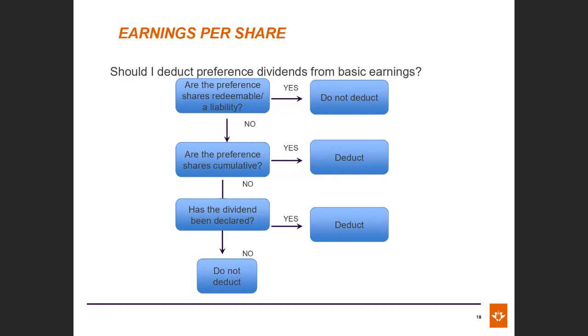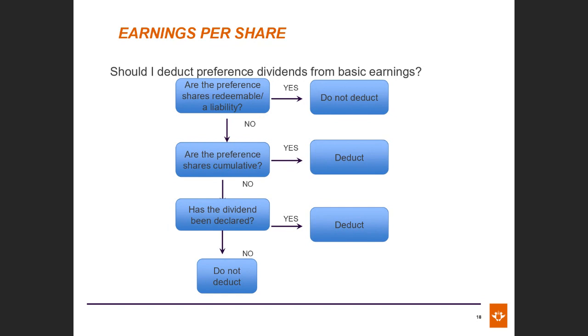No, we do not deduct, and the reason is that the preference dividends would already have been deducted in our statement of profit or loss, so we do not deduct them again when calculating our basic earnings.